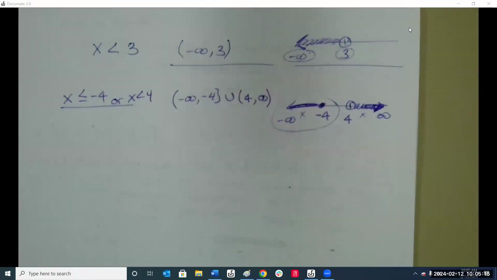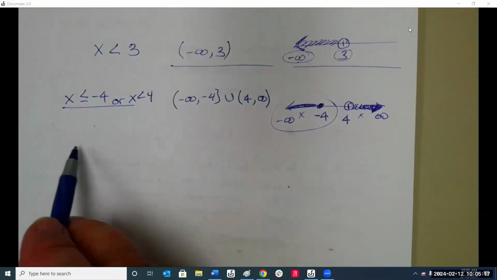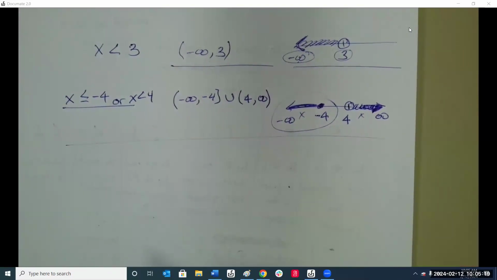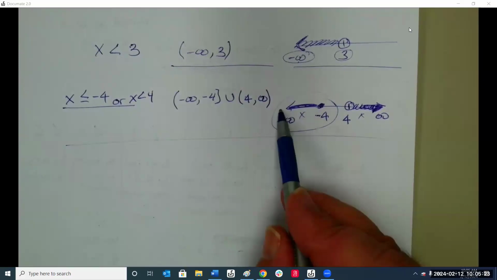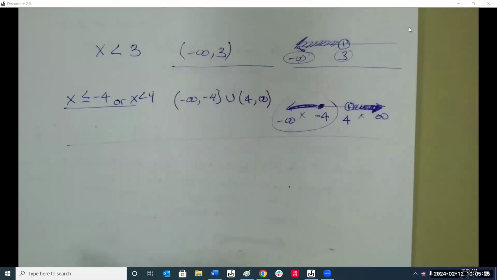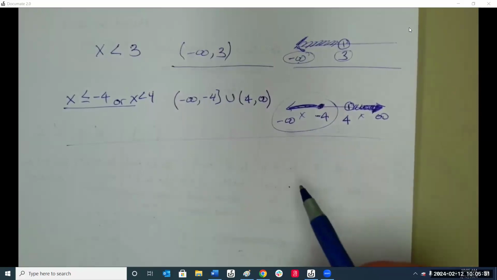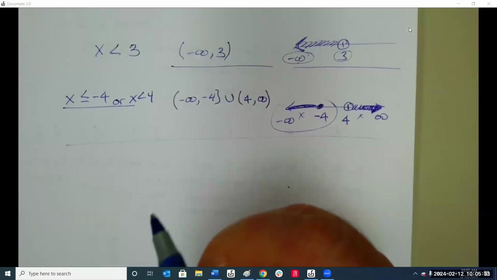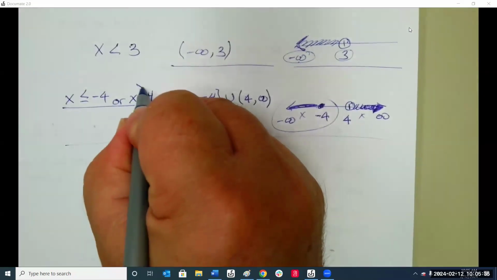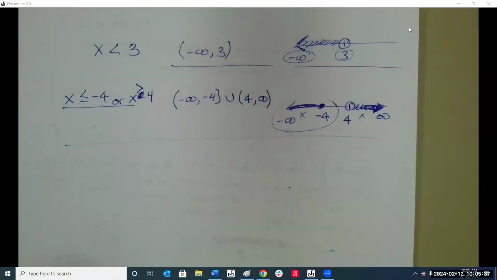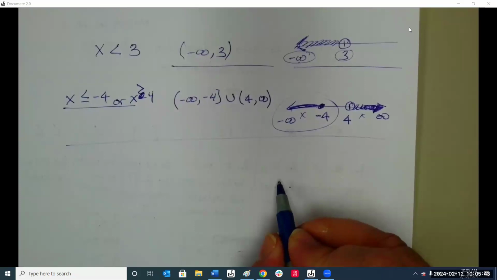Perfect. That's it. X is less than -4, or x is greater than 4. That's it. Absolutely. Good catch.